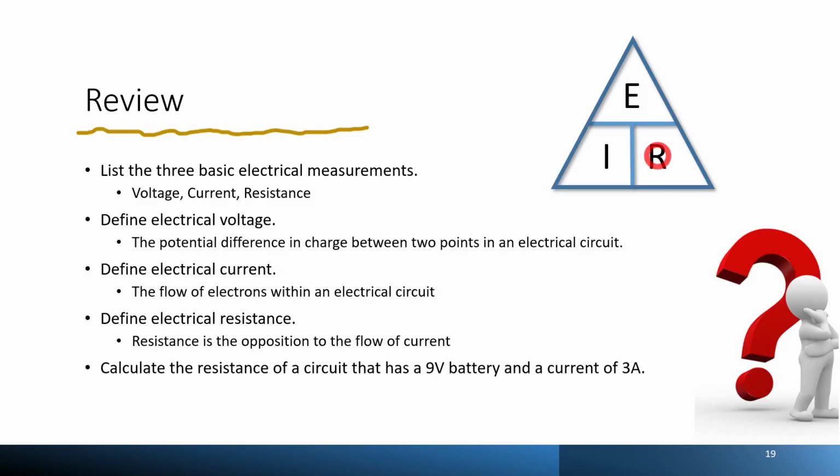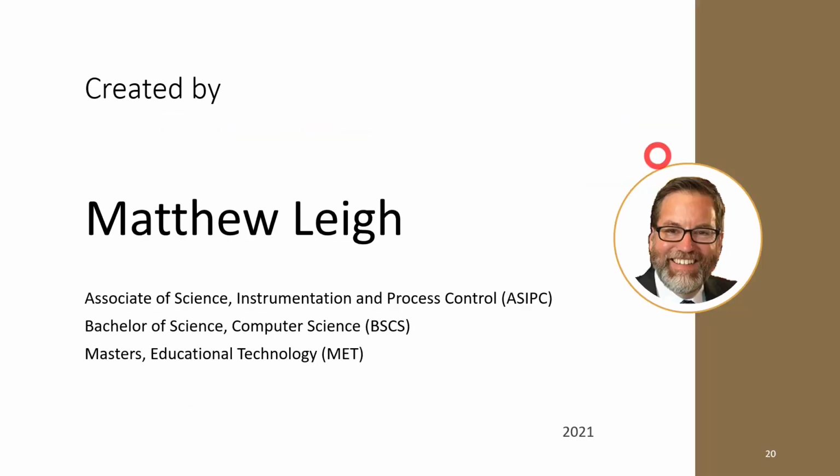Our formula would be E divided by I. E is 9 volts. I is 3 amps. So we're going to take 9 volts and divide it by 3 amps, and we'll get 3 ohms. R equals E divided by I. E is the 9 volts, I is the 3 amps, so R is going to be 9 divided by 3, or 3 ohms, which is our unit for electrical resistance.